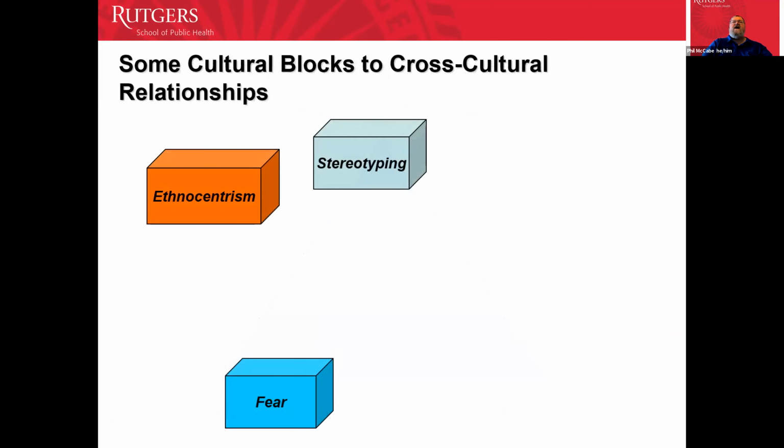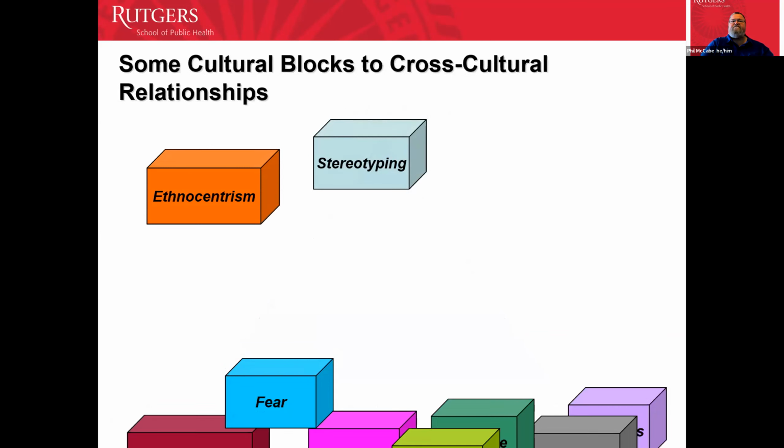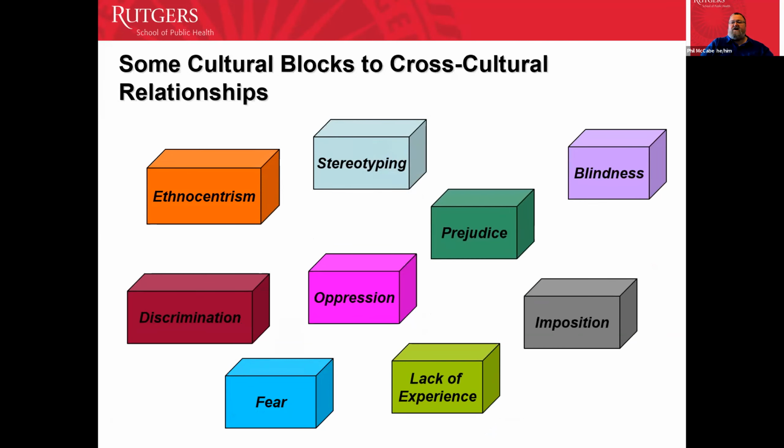So we have certain blocks that interfere with our cross-cultural relationships. Now, some of these are a little bit more obvious, and some of these not so much so. The important thing is that we recognize that there are components of them in many of the interactions that we have.